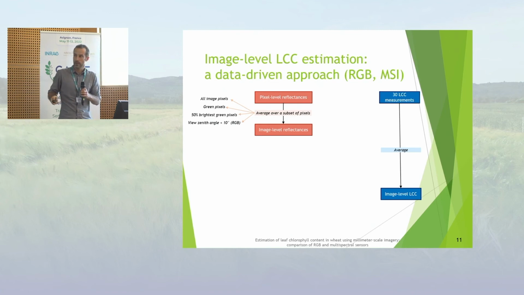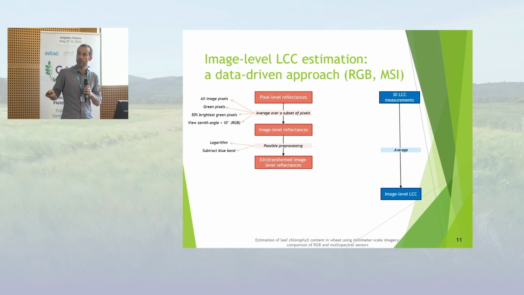Then once we have the reflectance for each image, we can apply some possible pre-processing. For example, we can subtract the blue band value from other bands to remove, or at least decrease, the influence of specular reflections on the spectra. We can also apply a logarithm to try to decrease the nonlinearity due to the increasing saturation with increasing LCC.